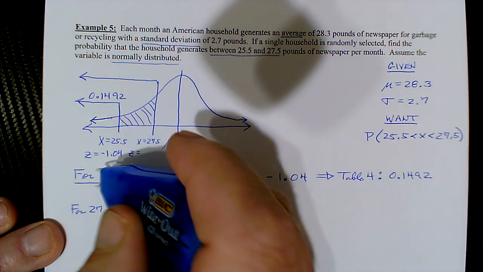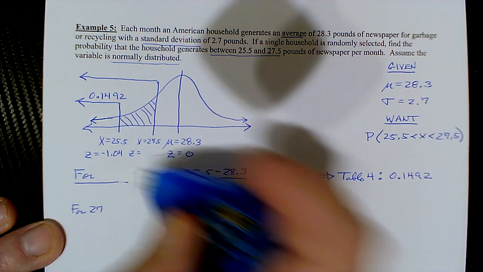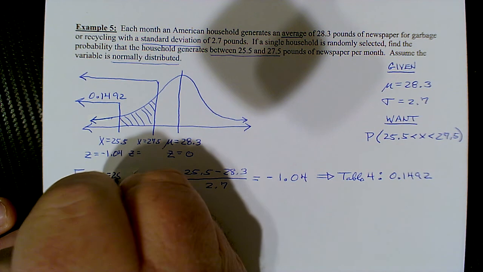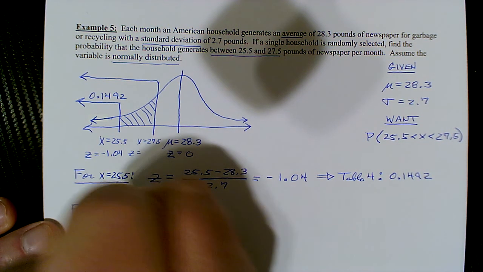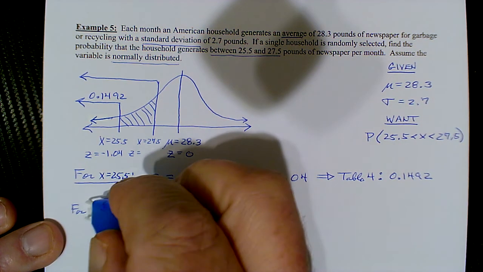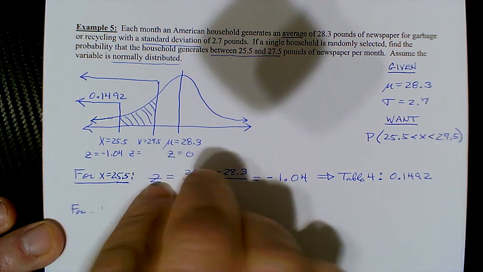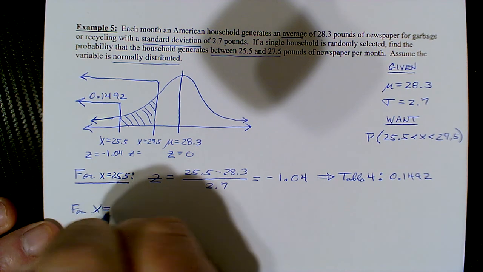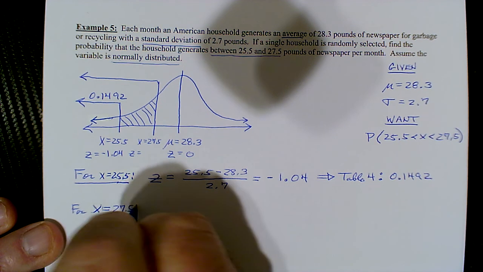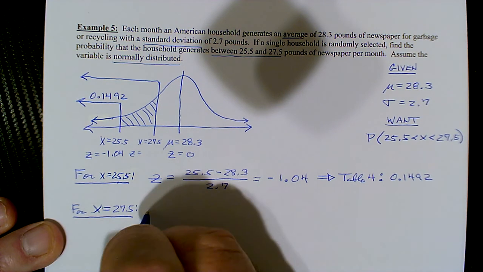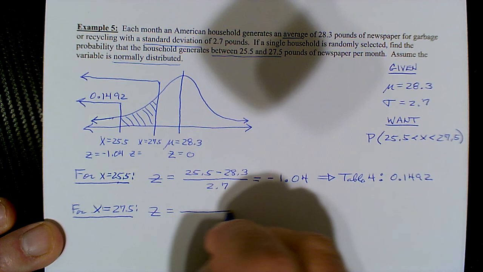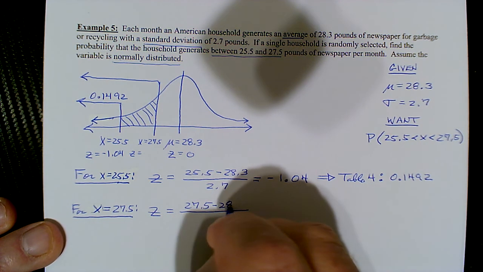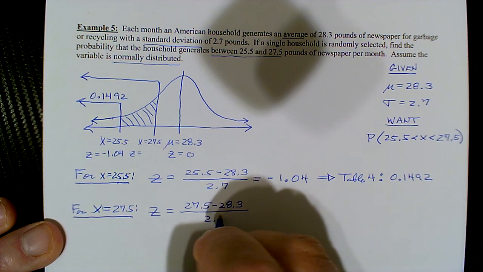I should have said x equaling. I may have said that, but just didn't write it. But we should say for x equals 25.5. And we really should be saying for x equals 27.5. Okay, the z-score would be x 27.5 minus mu 28.3 over sigma 2.7 again.